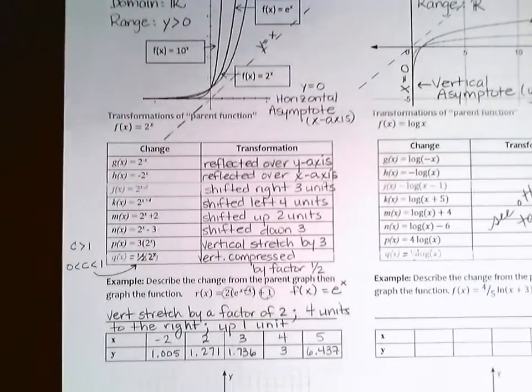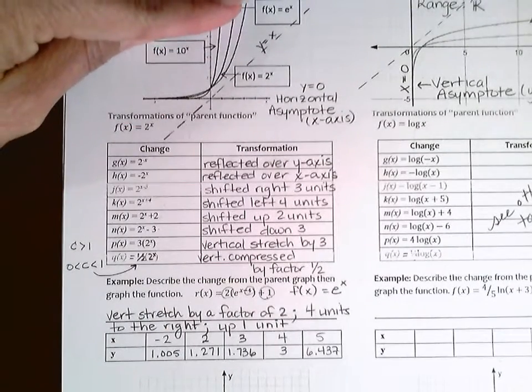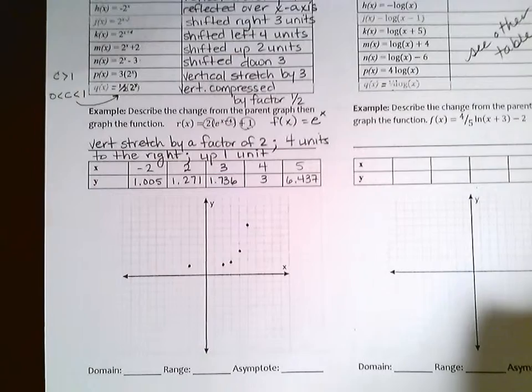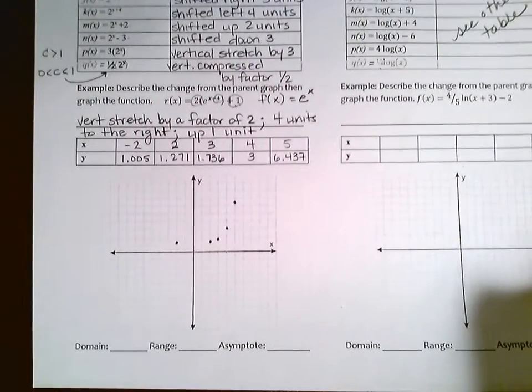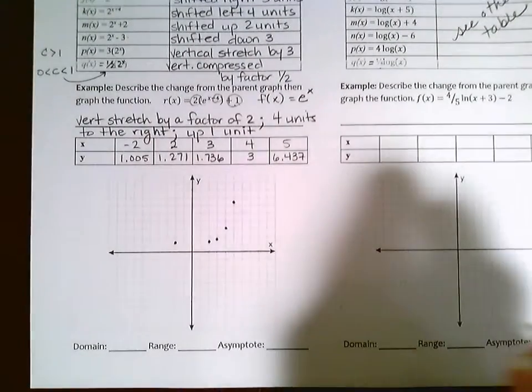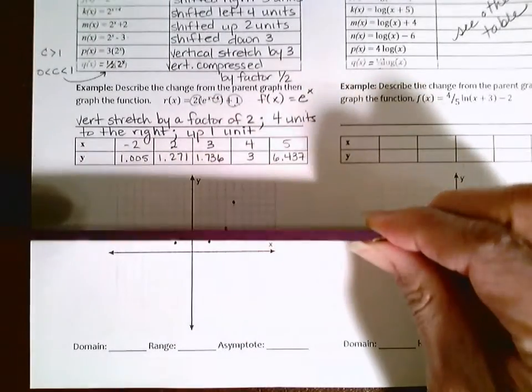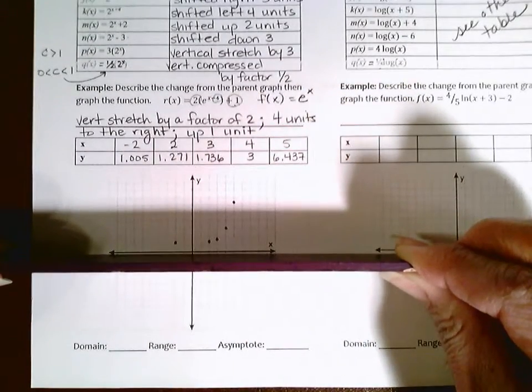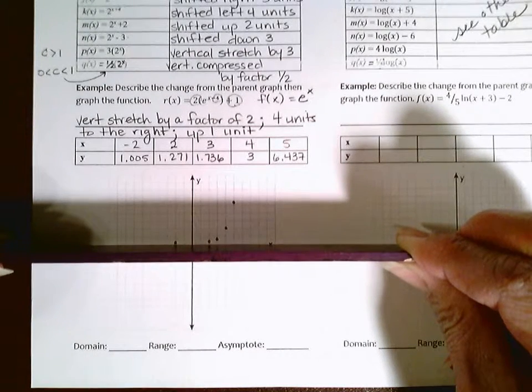Not only does that curve and all its points go up 1 unit, but it has some company in the asymptotes. The asymptote must also join in the movement. So the y equals 0 was originally right here, and due to vertical movement, it went up 1.